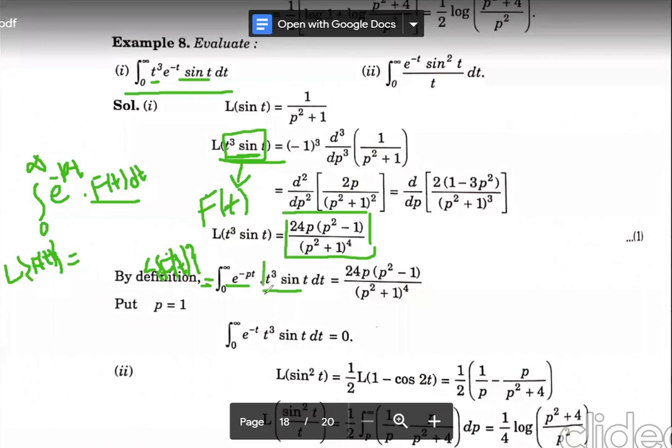Now, the Laplace transform of this t cube sine t you have already got, that is this one here.